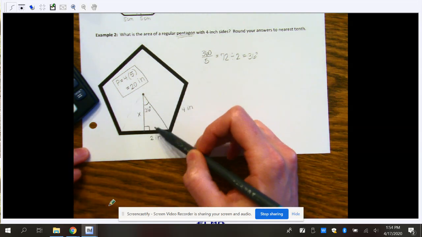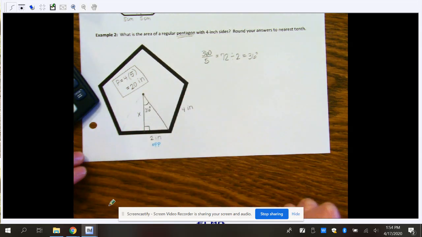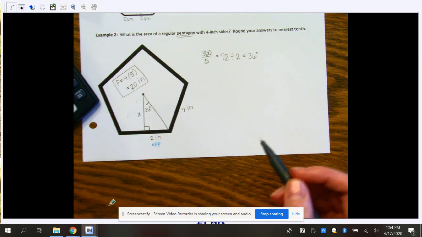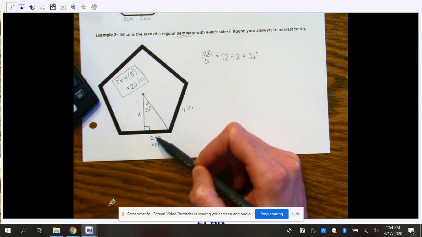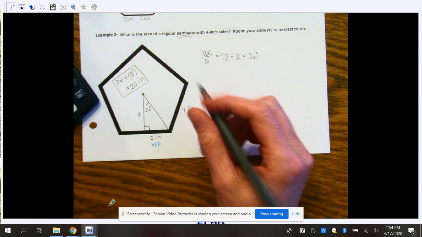So now I'm still going to be using tangent, right? And honestly, I would say 98% of the time you'll be using tangent, because this is going to be pretty much the process that you're going to need to figure out unless you're given this and you have to work backwards to get that other side.